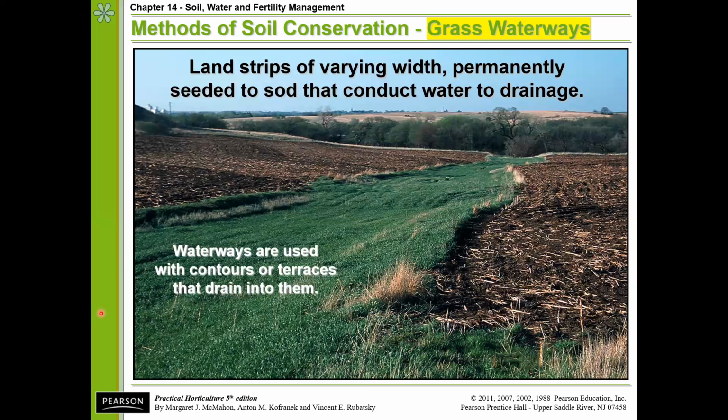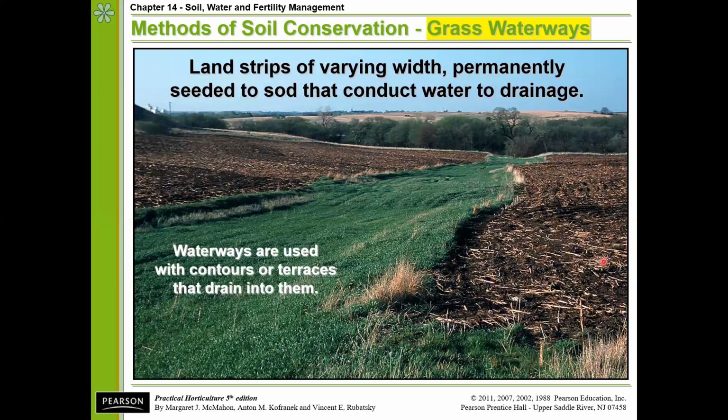So here's one thing that we look at as a way to conserve soil. This is a grass waterway, which is basically just a strip of land, of varying width depending on the terrain and what it's draining, that is seeded to some sort of cover crop, usually a grass, to conduct the water and allow it to penetrate the soil rather than continue to run off.